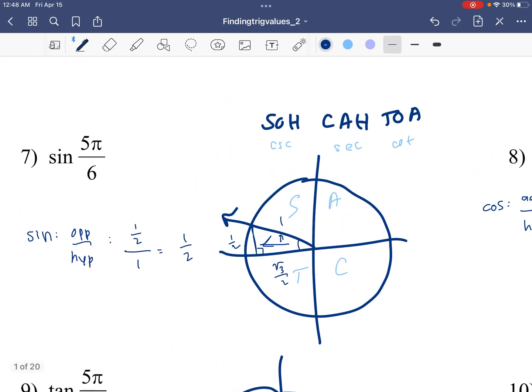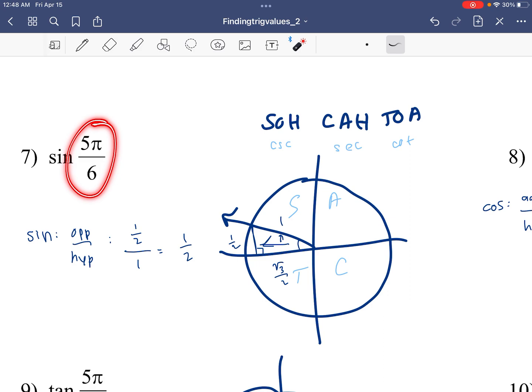So basically here what I did is I drew the unit circle, and then I basically found 5 pi over 6.